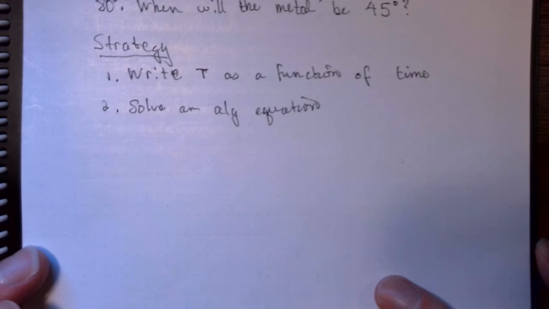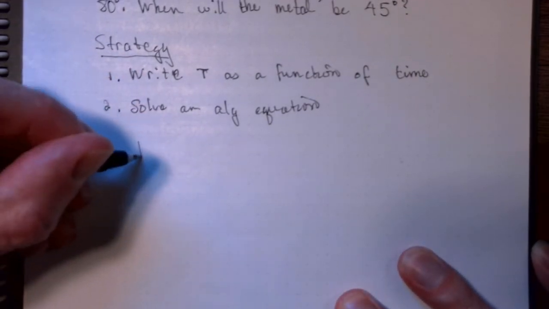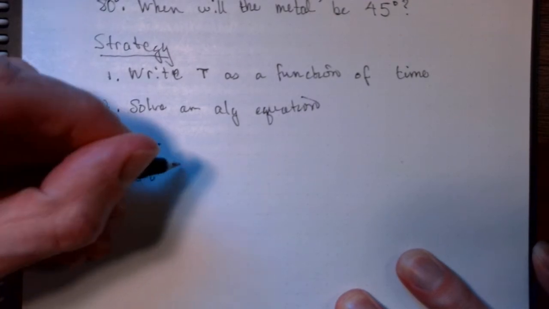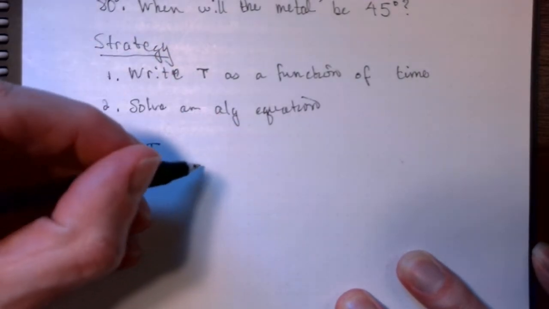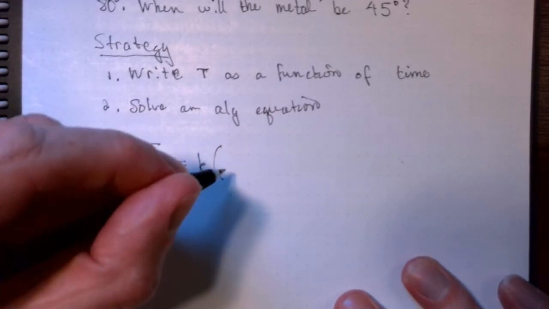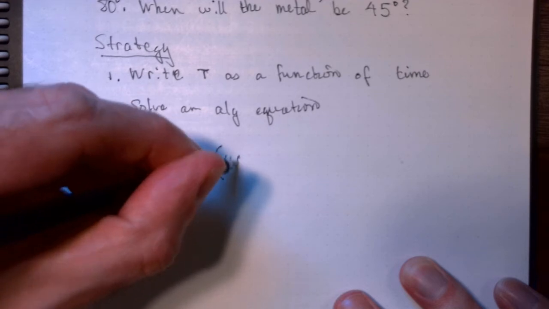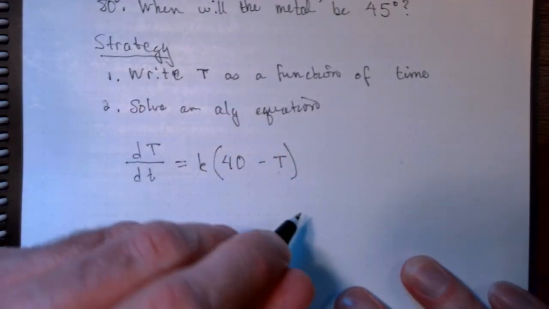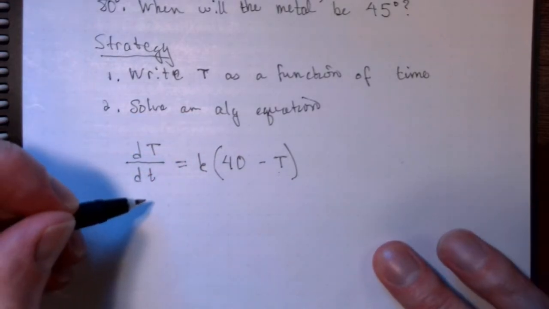So Newton's law of heating and cooling says that the rate of change in temperature with respect to time is proportional to the difference between the temperature of the surroundings, which we know is 40 degrees, and the temperature of the object, which is an unknown function.